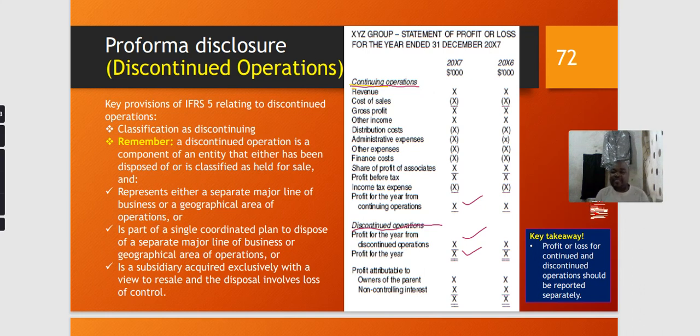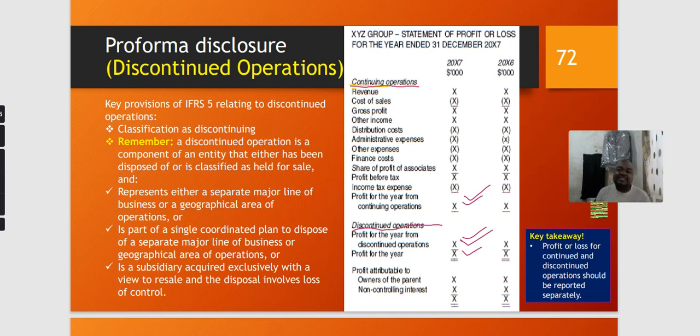Now, the takeaway. Profit or loss for continued and discontinued operations should be reported separately, as we have indicated here. This is profit from continuing operations, and this one is the profit from discontinued operations. So we are talking of profit or losses here.